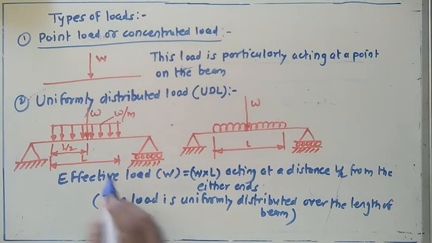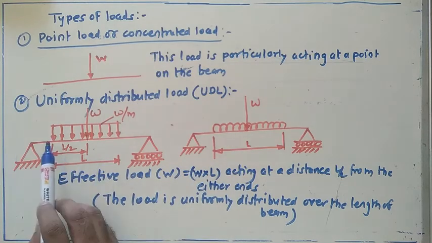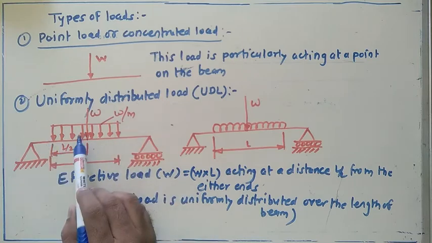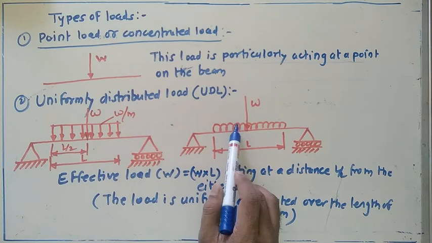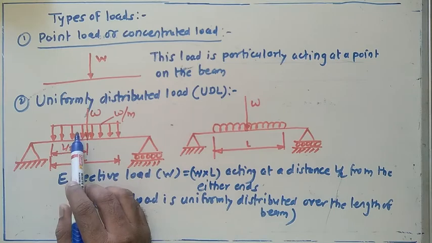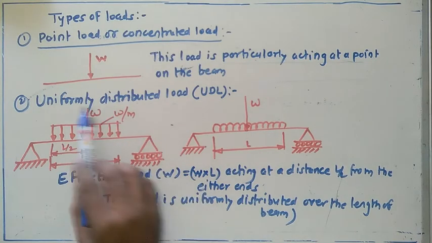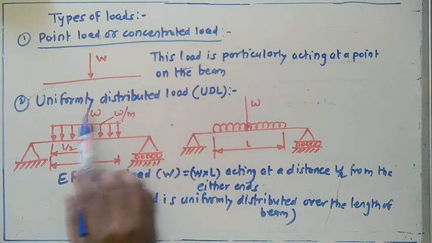So this is the case of uniformly distributed load. Okay. Now this uniformly distributed load can be integrated in this way also. While solving problems on this topic, you can convert this uniformly distributed load into a point load.